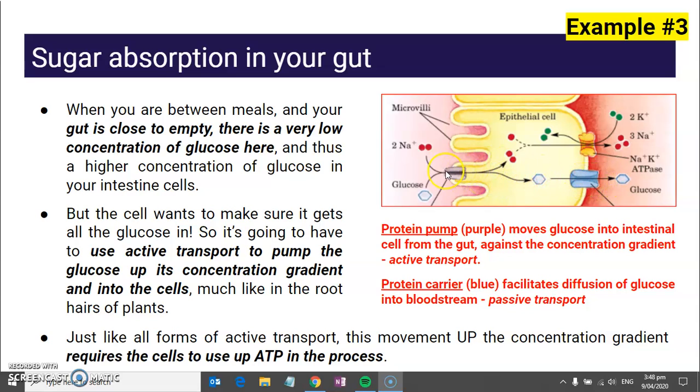In this case, it's going to have to use protein pumps, moving a substance against its concentration gradient. And because this takes a lot of effort, it is going to require the pump to use up ATP, otherwise known as cellular energy, in the process.